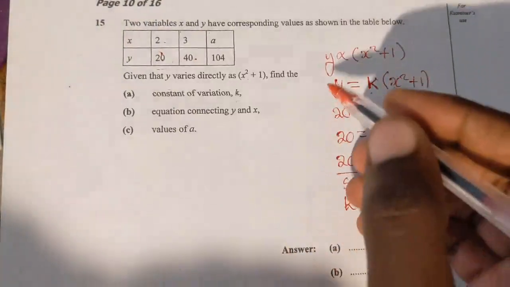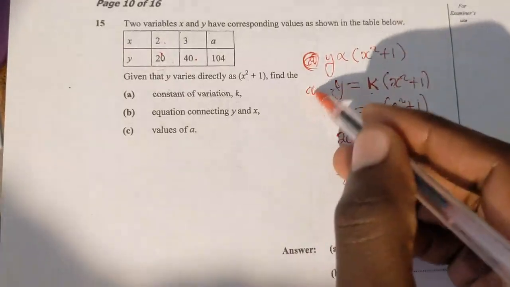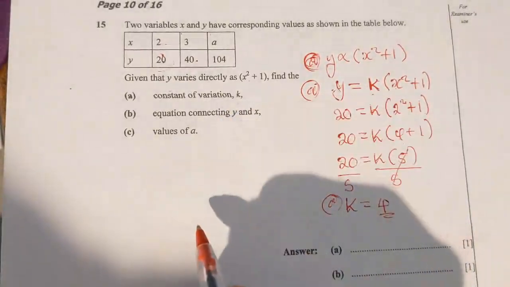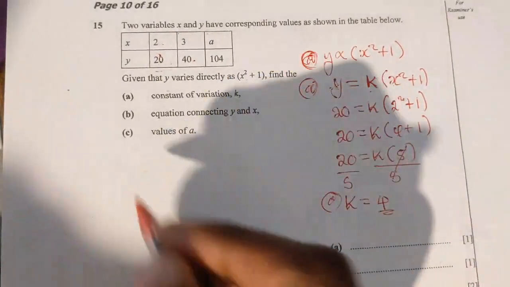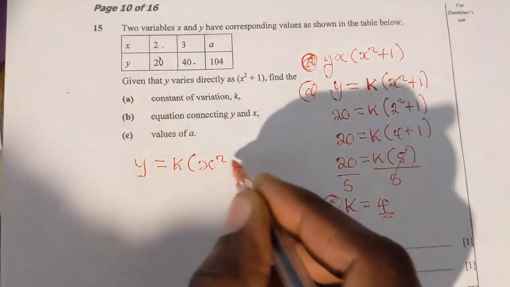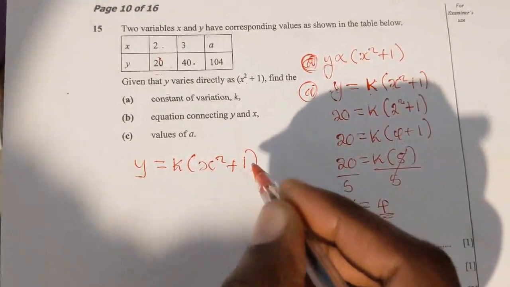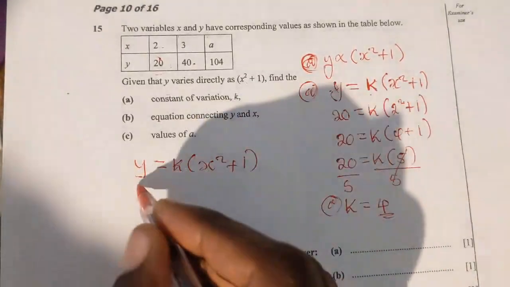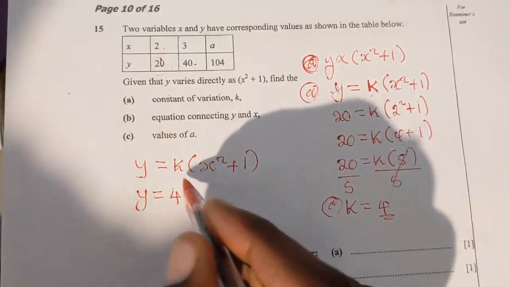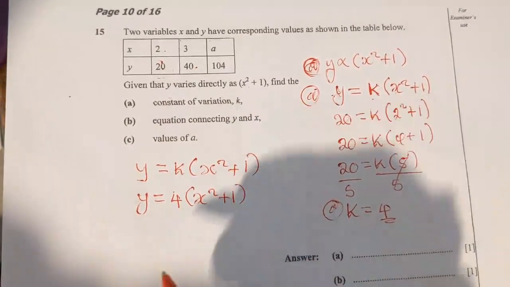So y is equal to k times x squared plus 1, but you need to use 4. So y is equal to 4 times x squared plus 1.